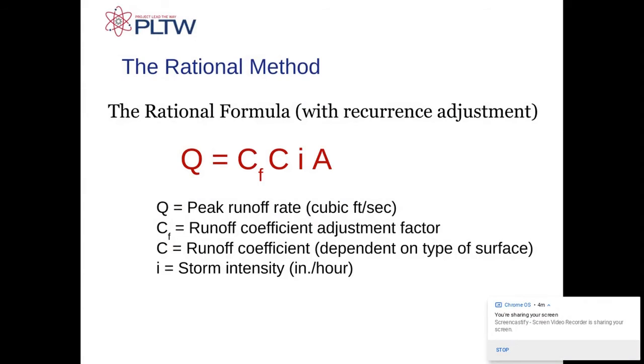But when you're talking about rainfall data, if you're trying to estimate a 100-year storm and you don't even have 100 years' worth of data, or a 500-year storm and you don't even have 500 years' worth of data, it's a lot of estimations, and sometimes they're right, sometimes they're wrong, and we're realizing that they're more often wrong than right.